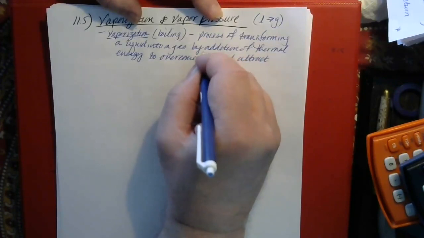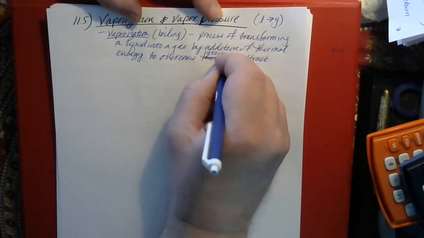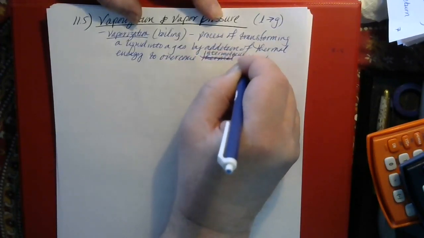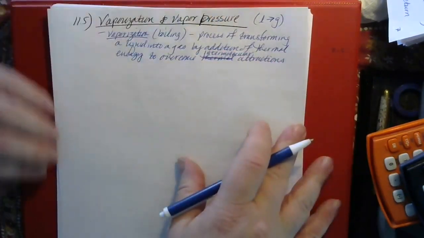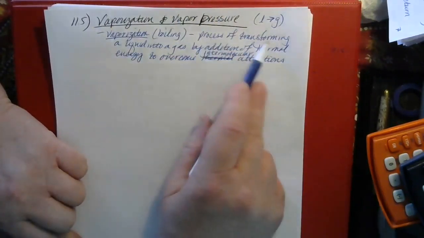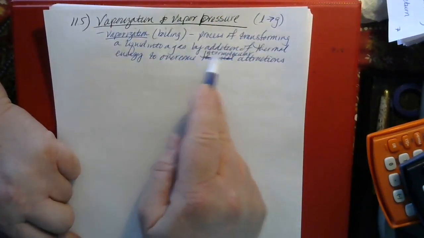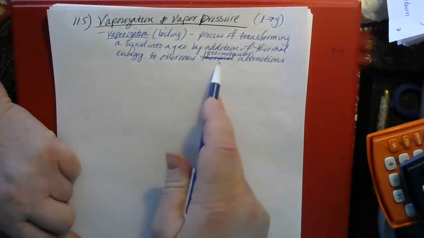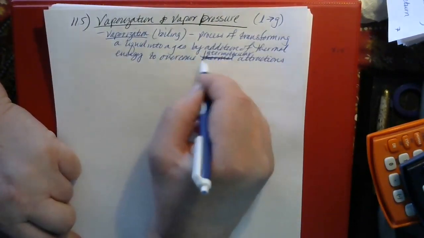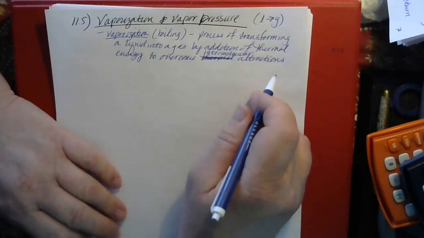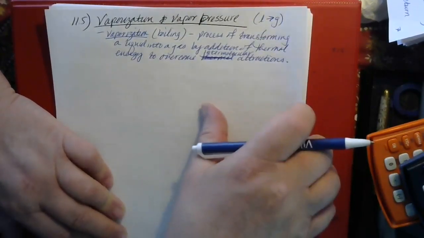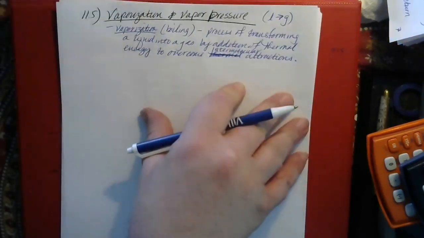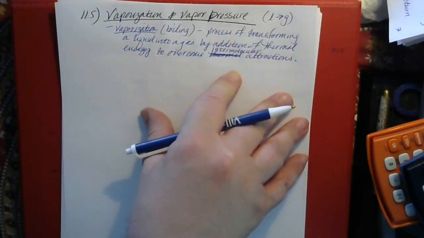Okay, so it's the process of transforming a liquid into a gas by addition of thermal energy to overcome intermolecular attractions. And remember, to turn a liquid into a gas, you essentially have to overcome all of the intermolecular attractions, because gases have effectively no intermolecular attractions at all.